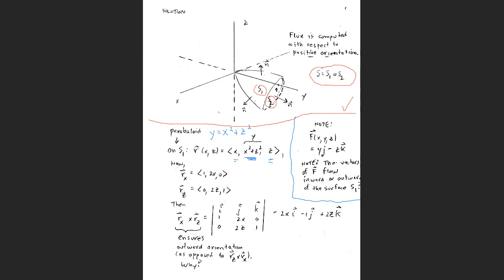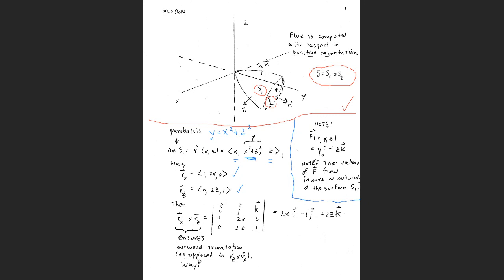So the derivative vector r sub x has components 1, 2x, and 0. And the derivative vector r sub z has components 0, 2z, and 1. And I'm going to take the cross product of those two derivative vectors. Okay.